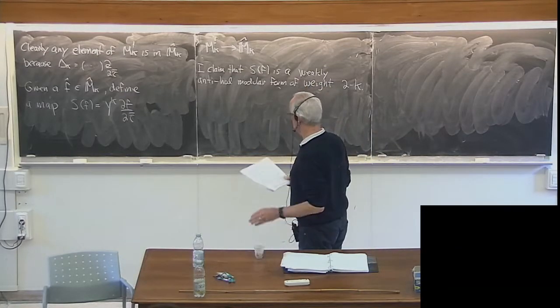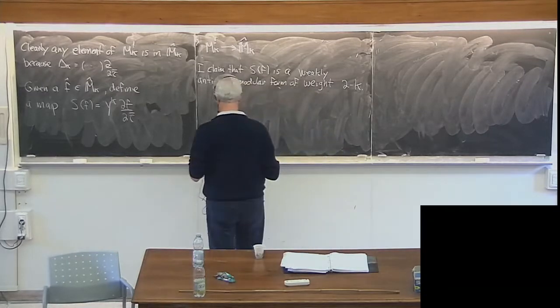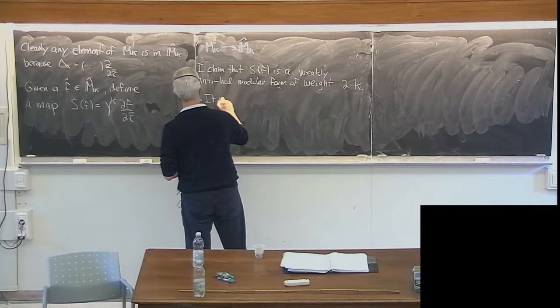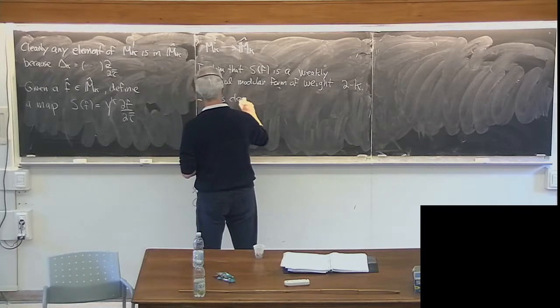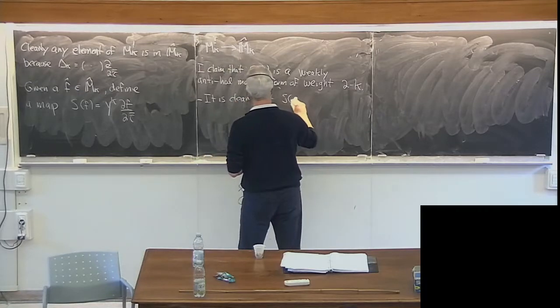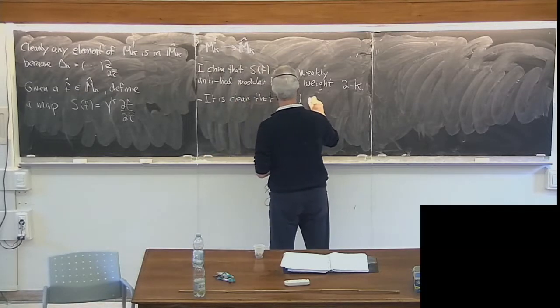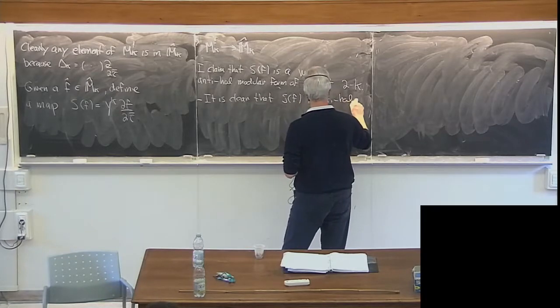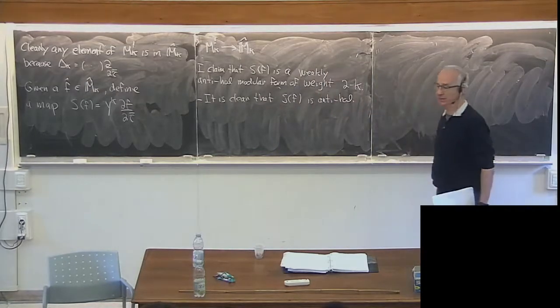So to establish that, there are two things we need to check. First of all, I claim it's clear that this is anti-holomorphic. By anti-holomorphic, what I mean is d by d tau of it is 0.